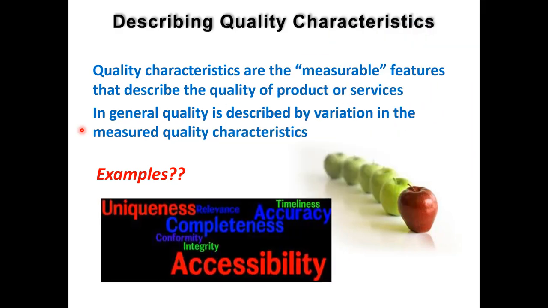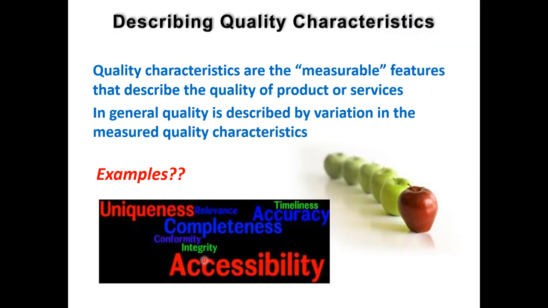What are some examples? Some examples would be conformity, timeliness, accuracy, completeness, relevance, accessibility, uniqueness. All these, in some cases, are not straightforward to measure.